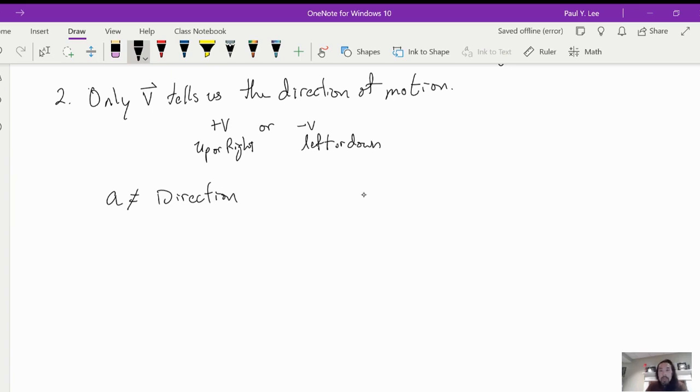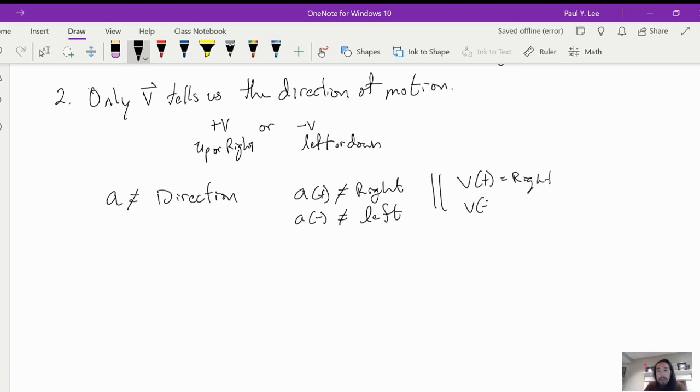For example, if you have a positive acceleration, this does not mean that you're moving to the right. Or if you have a negative acceleration, it does not mean that you're moving to the left. Only if you have a positive velocity are you moving right or up, and if you have a negative velocity, you're moving left or down.